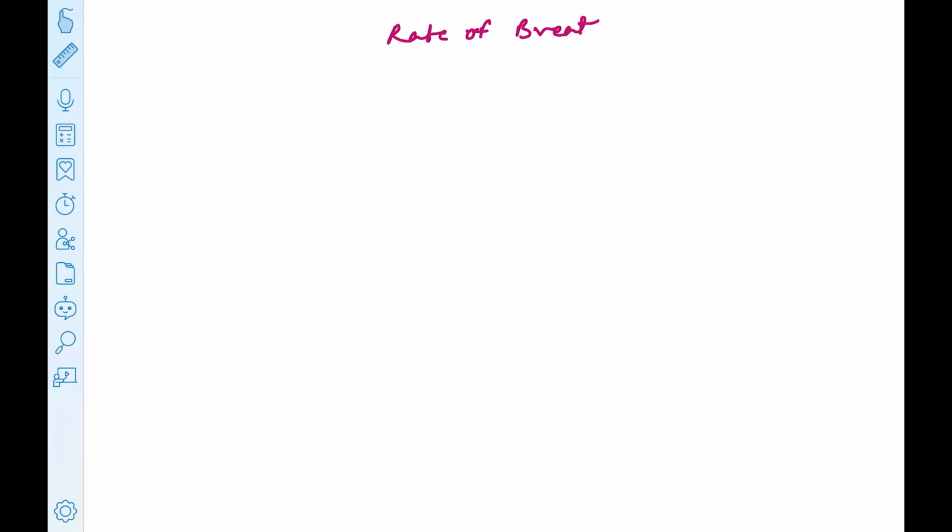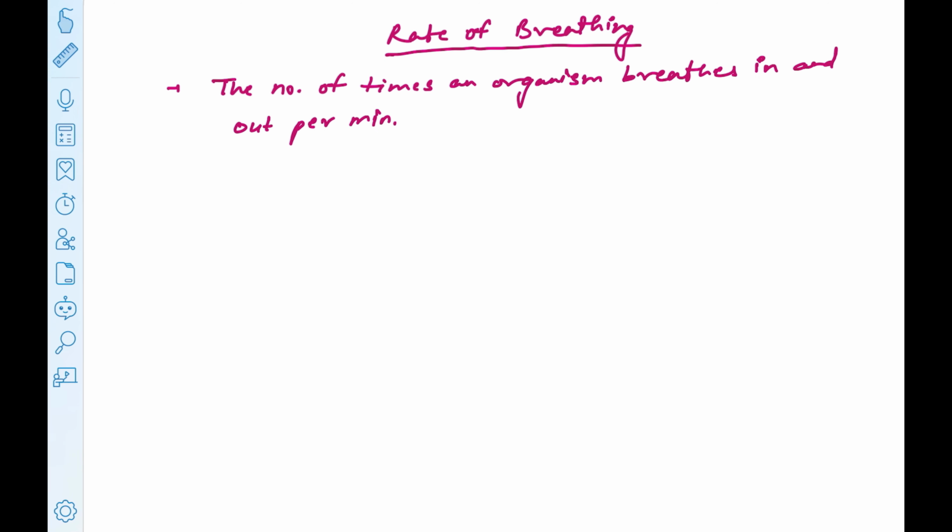Now let's discuss the rate of breathing. Rate of breathing means the number of times an organism breathes in and out per minute. It varies in different animals depending on their size, energy need, and environment.